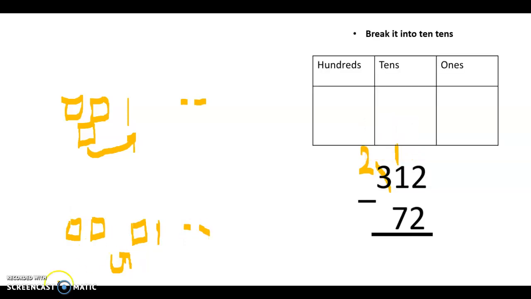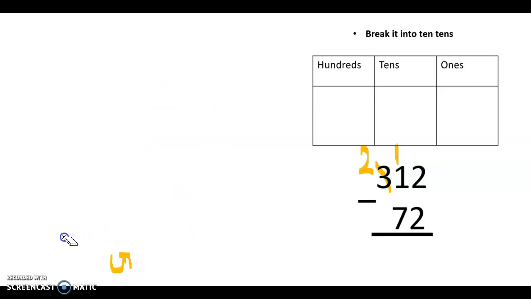Now we have to break that 100 into 10 tens because 10 tens equals 100, and we have moved that 100 to the tens place. So here are our 200s that we have left in the hundreds place right here. And then remember I moved this 100 here to be with the 10, and we have our 2 ones.